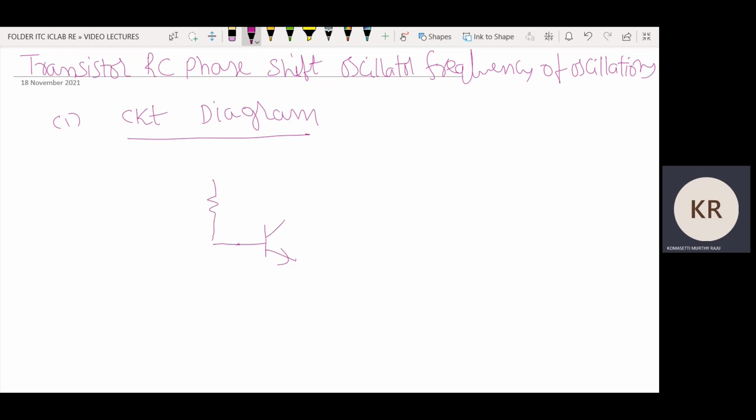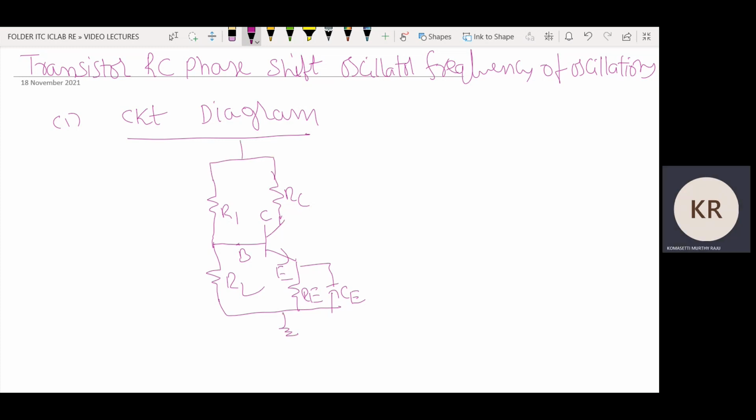This one is R1, this one is R2, RC. This is the base terminal, collector, emitter terminal. This one is the emitter bypass capacitor C and emitter resistance RE connected to ground.